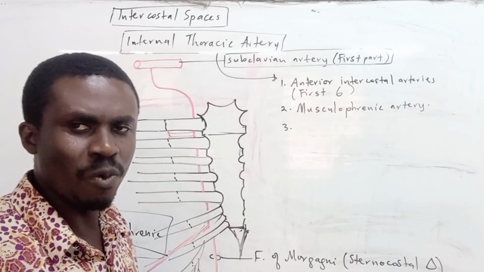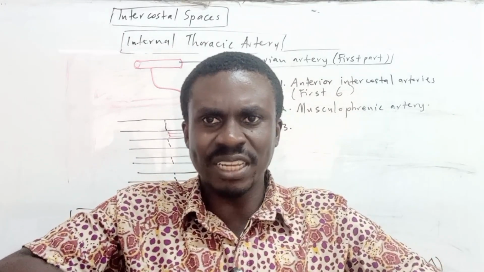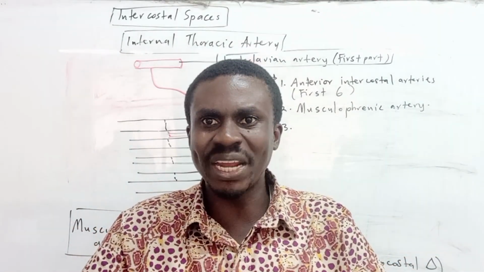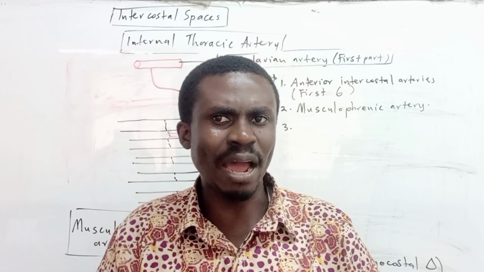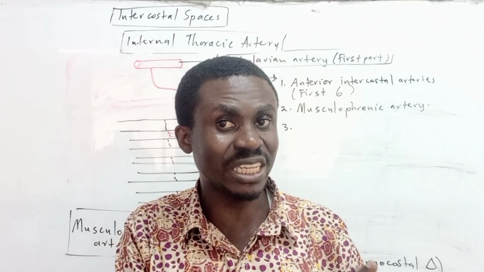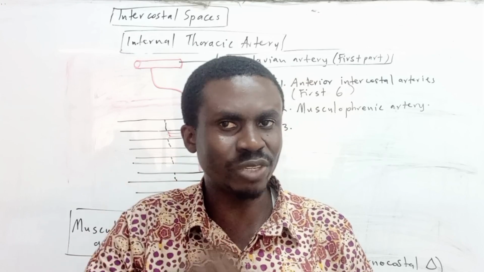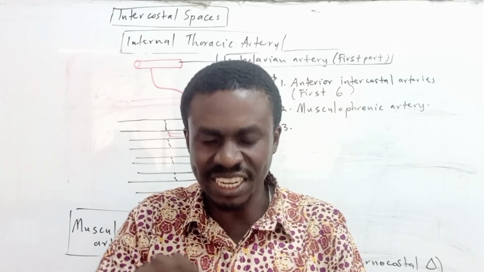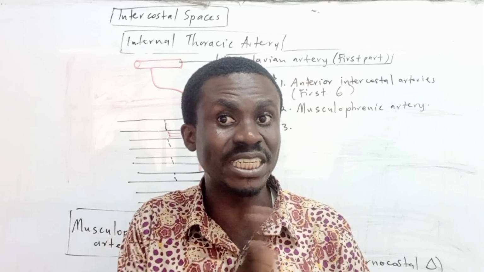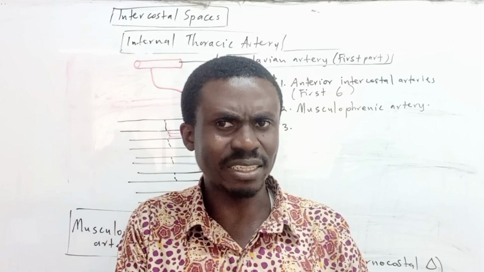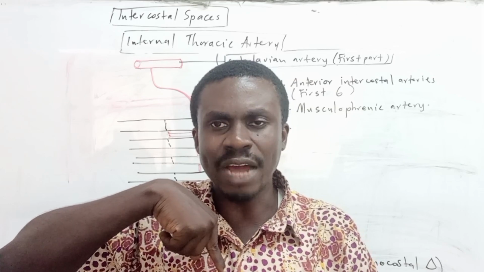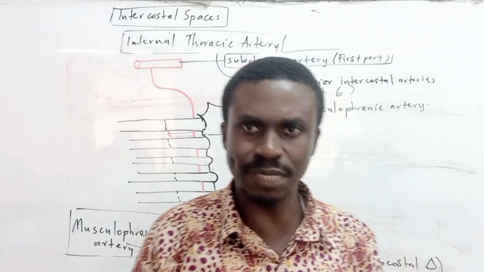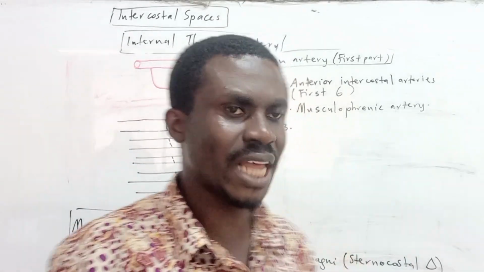Now from the foramen of Morgagni, now you know the xiphoid process. Then from there you are going to the region of the abdomen, and in the abdomen, around the midline, there's a muscle. And what's the name of that muscle? Rectus abdominis muscle. I've done all those videos. This muscle is in a compartment, in a sheath, something we call the rectus sheath. And this artery will also be running through the rectus sheath, actually running behind or deep to the rectus abdominis muscle.